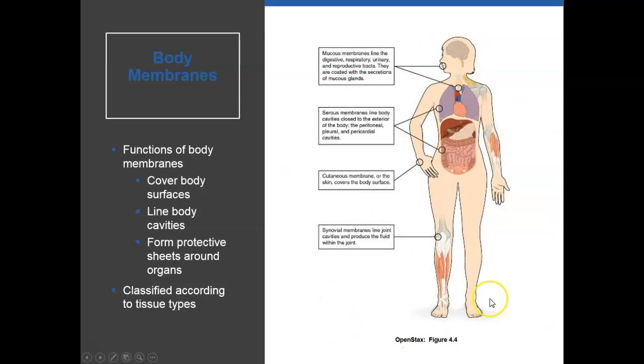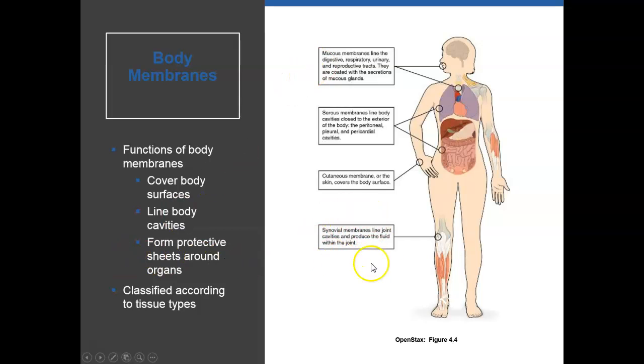This is a beautiful picture here from my textbook that I teach anatomy and physiology out of from OpenStax, and it talks about all four body membranes here. So that's where this figure comes from. So we have four major body membranes. Three of them are considered epithelial membranes, so that would be your cutaneous membrane, your serous membrane, and your mucous membrane.